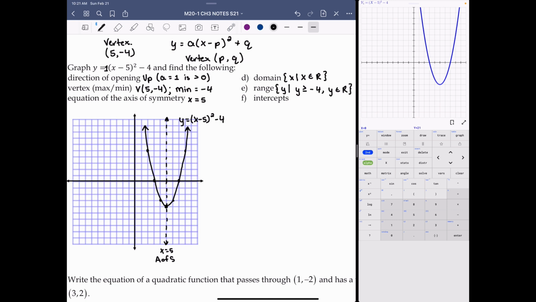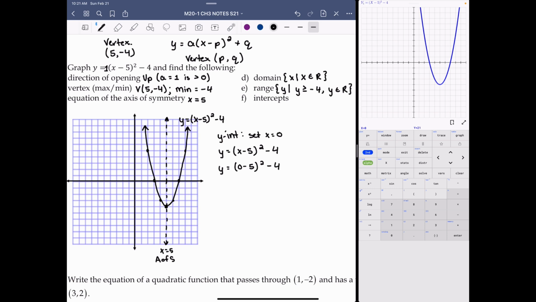We're going to also do it algebraically. So for the y-intercept, remember we set x equal to 0 and then solve for y. y equals (x minus 5) squared minus 4. Set x equal to 0, y equals (0 minus 5) squared minus 4.